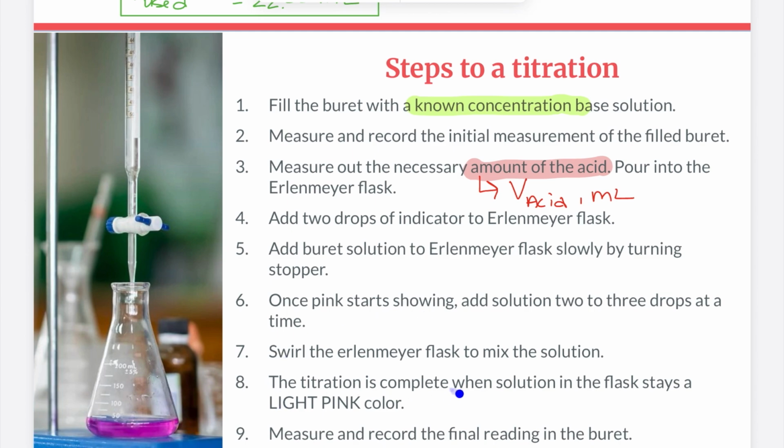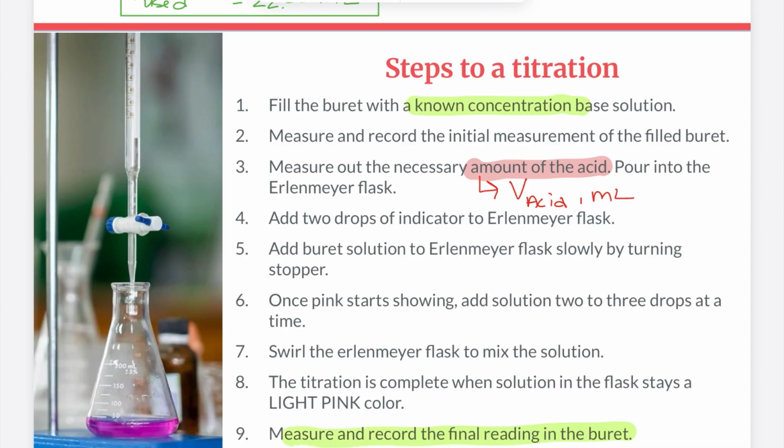The titration is complete when our solution in the flask stays a very light pink color. So we want that pink to just barely hold on. Once we've determined we have a light pink color, this picture is actually too dark. We'll look at the pink colors on the next slide. Once we are done, then we get our final reading from our burette, and we want to write that down as well.